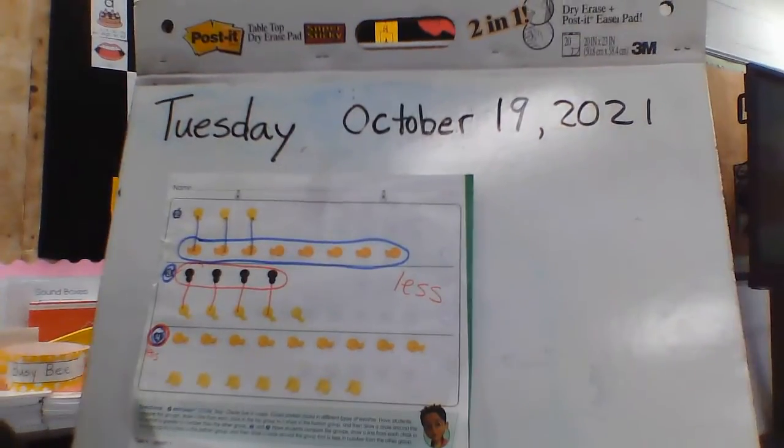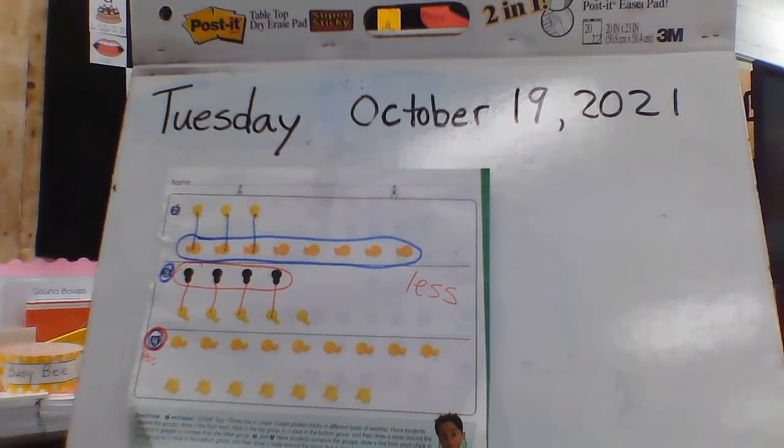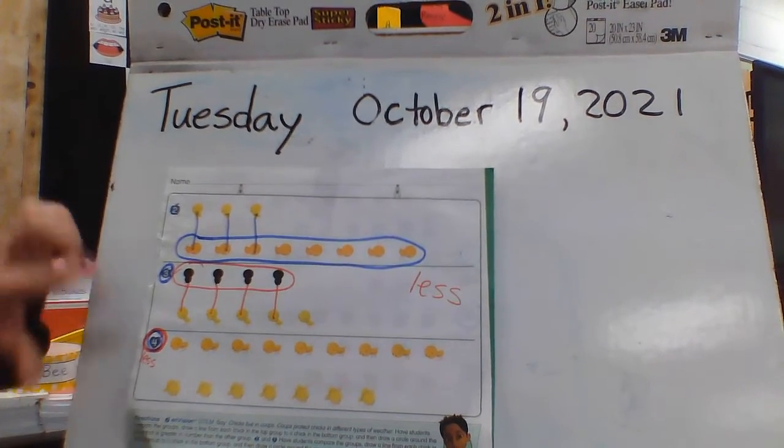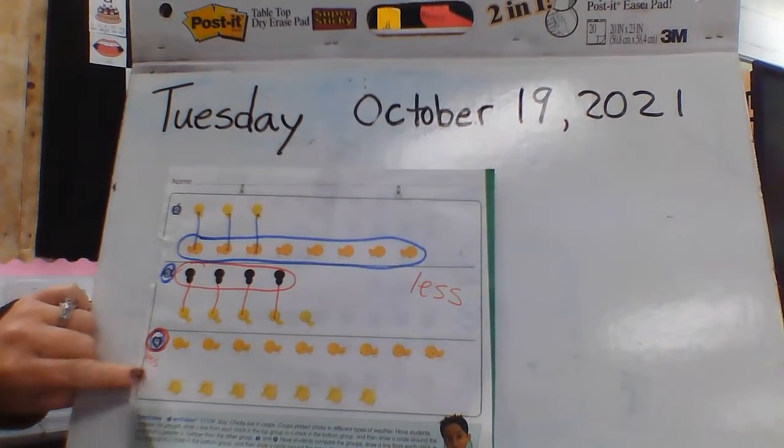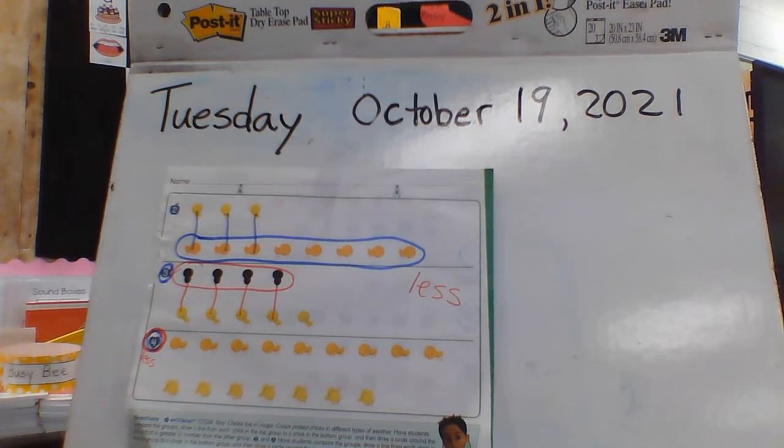So the first thing that we're going to do is go over yesterday. So number 4, they wanted us to match them up and then circle the group that is less. Now remember, less means smaller.